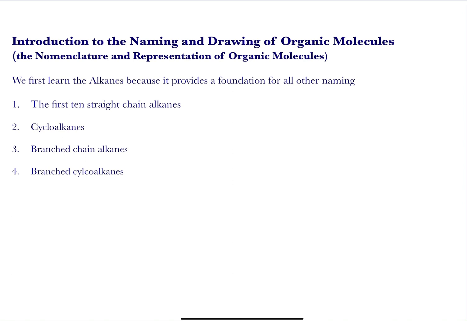So, to begin this introduction, we first learn about alkanes. Alkanes are simple organic molecules which just have carbons and hydrogens, and all the carbons make single bonds with other carbons, and the carbons also make single bonds with hydrogens. We do this first because it provides a foundation for all other naming.